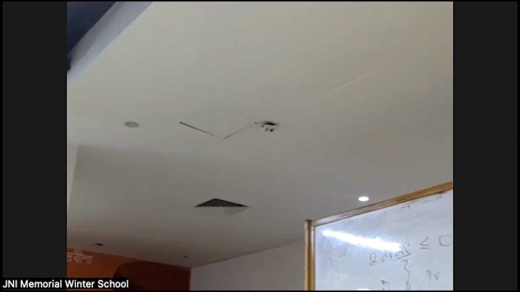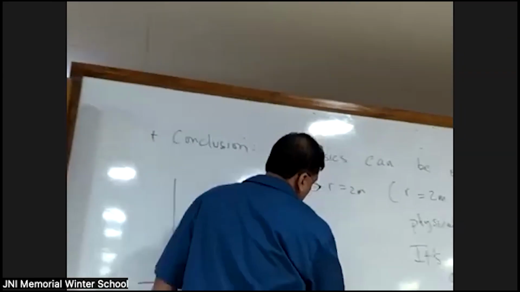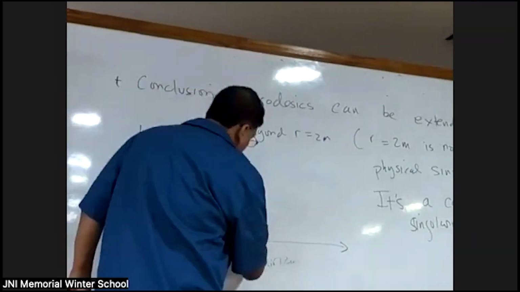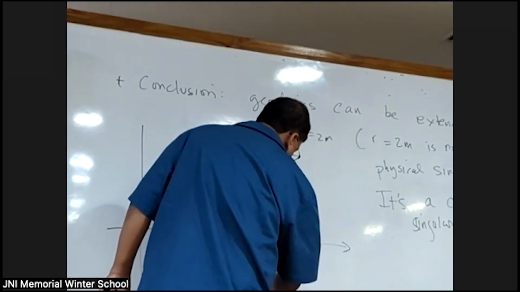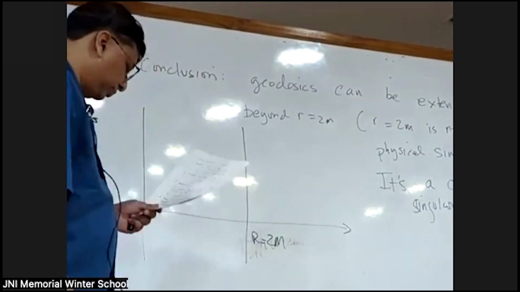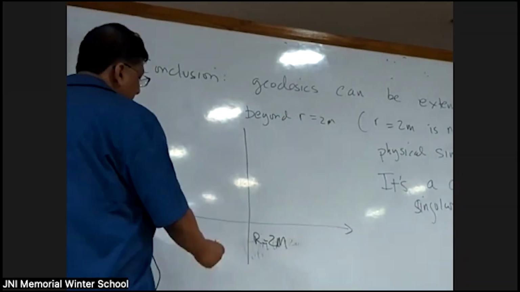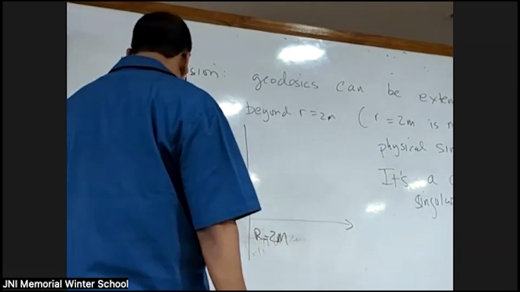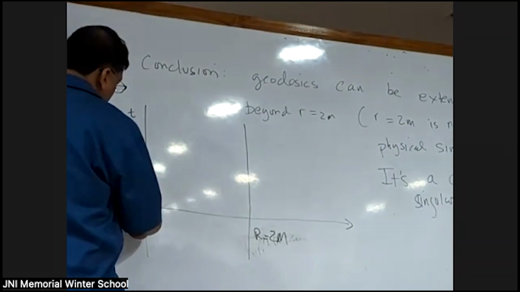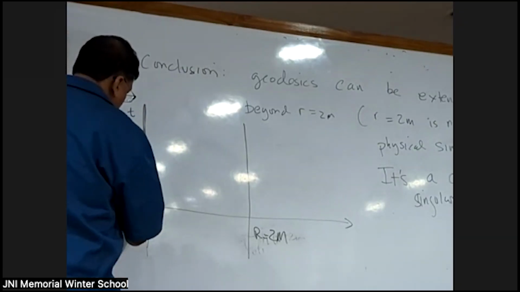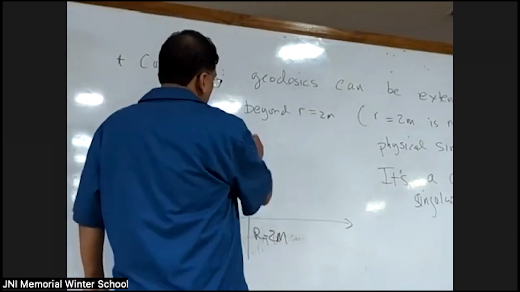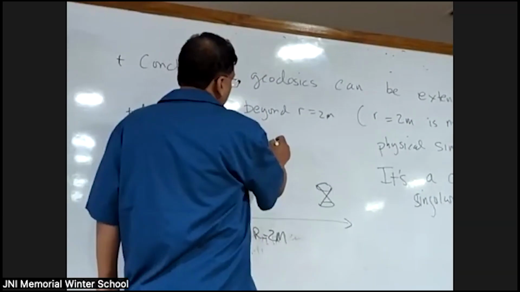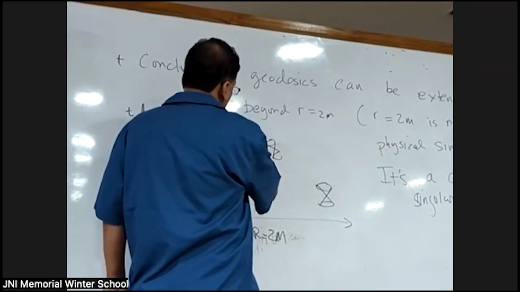So let me draw a picture. Let's say this is r equals 2m. Let's say this is the black hole. This is T, and this line is r equals 0. If we're an observer here, moving towards the black hole, our light cones look like this, and here they look like that.